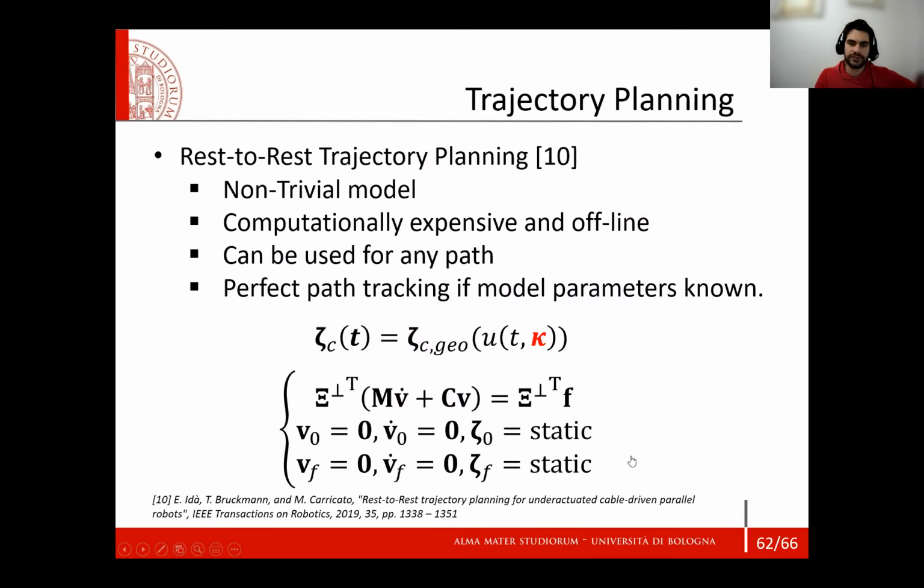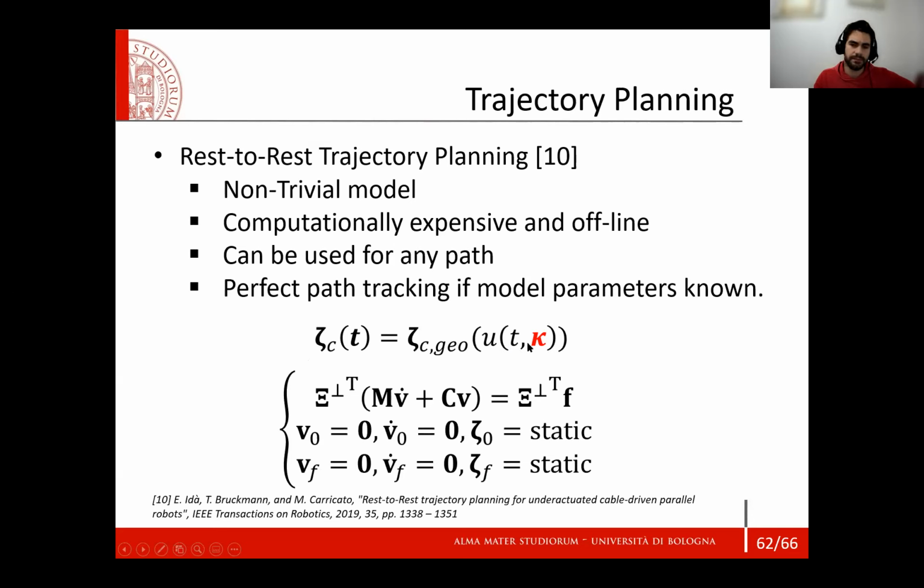If instead we are interested in completely eliminating oscillation, we need to look at a more complex trajectory planning technique. For example, we developed this trajectory planner called rest-to-rest trajectory planning, which allows us to completely prescribe the geometric path of some coordinates we want to control and only modify the motion law with which we follow the path.